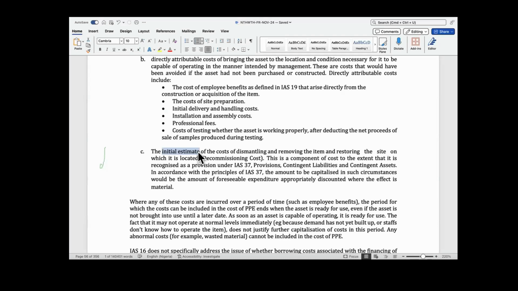However, if that cost you are going to incur in the future, you call a professional and he tells you that the total cost you will incur in the next 20 years is 100 million, are you going to go ahead and recognize this 100 million in your books?